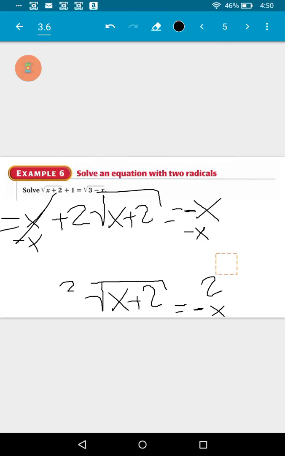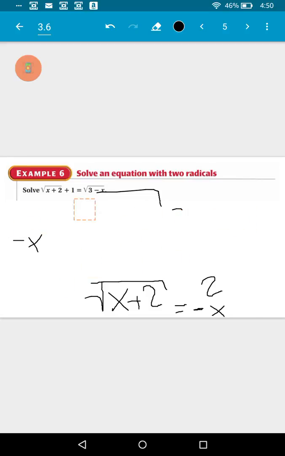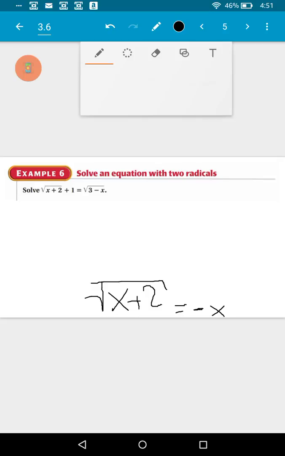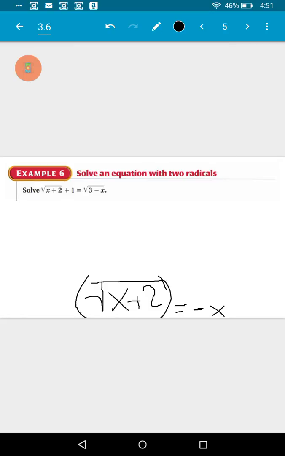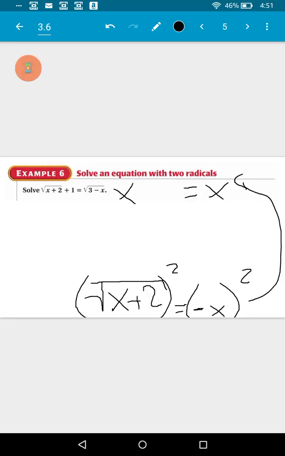I'm going to erase the top. I want to get rid of this radical. The opposite is squaring it, okay? You guys know negative x times negative x is going to give me positive x. Then I have here x plus 2 because these get rid of themselves, okay?